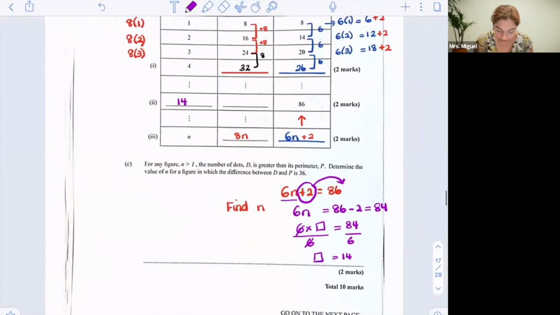Take it down. And you're using this formula here and this number 14 to get this answer. Replace n with 14 to get this answer.